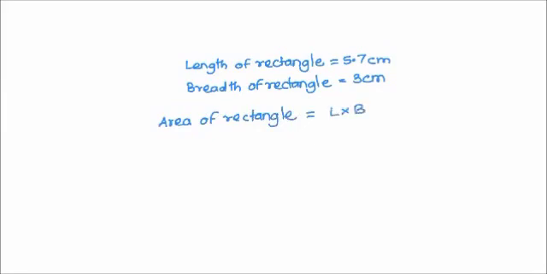So the numbers are 5.7 into 3. So again, as we know, doing multiplication, ignore the decimal point, so it becomes 57 into 3.